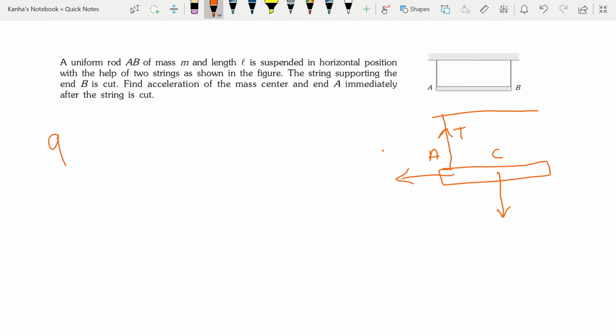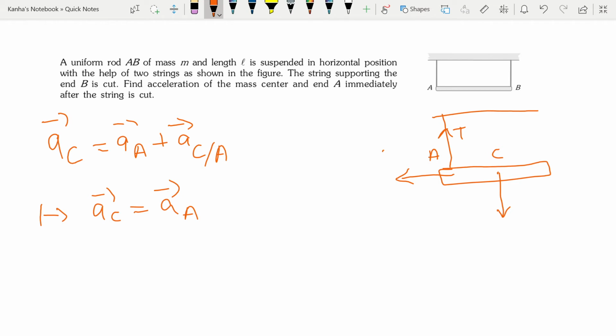I can easily write AC is equal to AA plus AC with respect to A. Let's write this more properly using the equations that I already know: AA plus alpha cross AC, which is the tangential acceleration, minus the centripetal one, which is the second component. Let me mark this as the first equation.